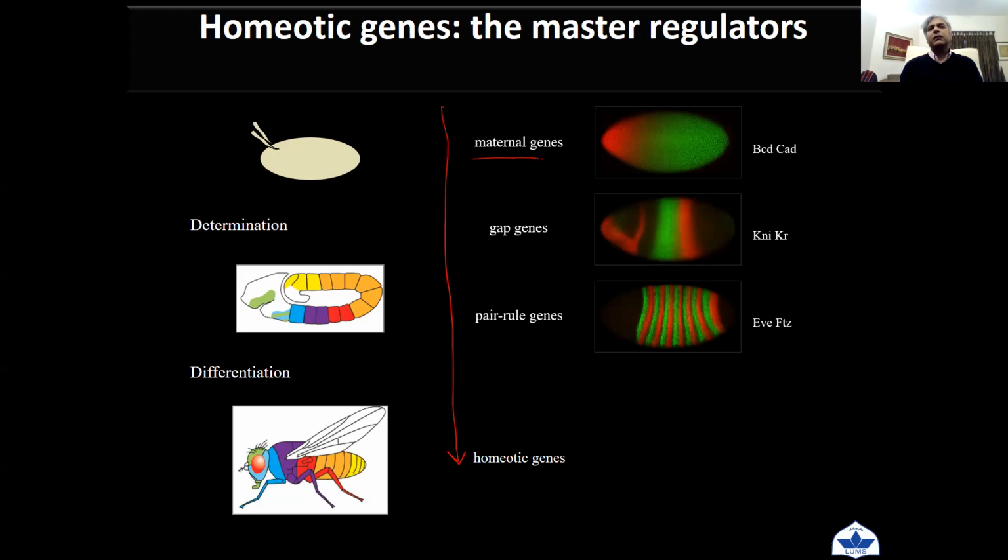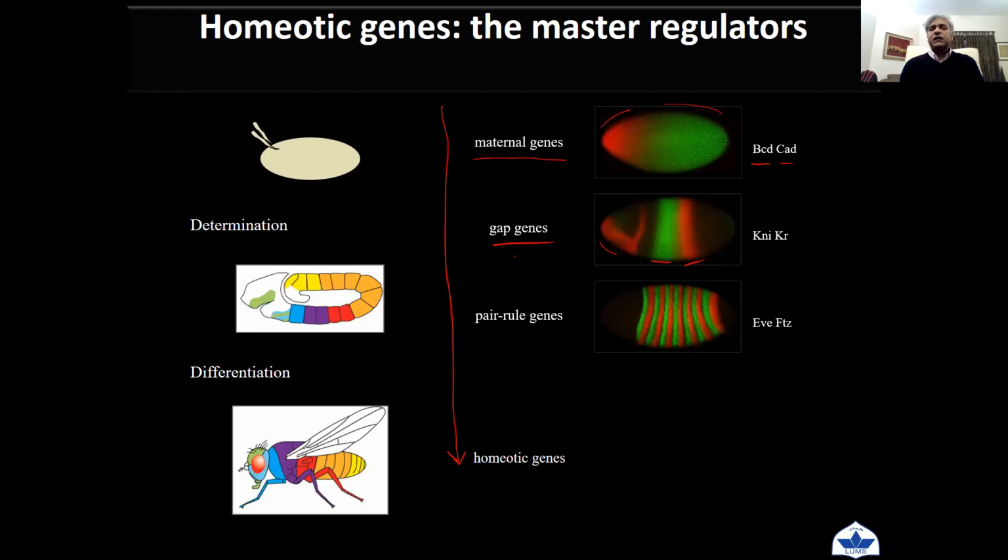With the maternal genes, immediately after fertilization, we have Bicoid and Caudal. This is the Bicoid staining on this side, and this is the Caudal staining, the green one. Then we talked about gap genes. We have Hunchback, and then Krüppel, and this is also Knirps.